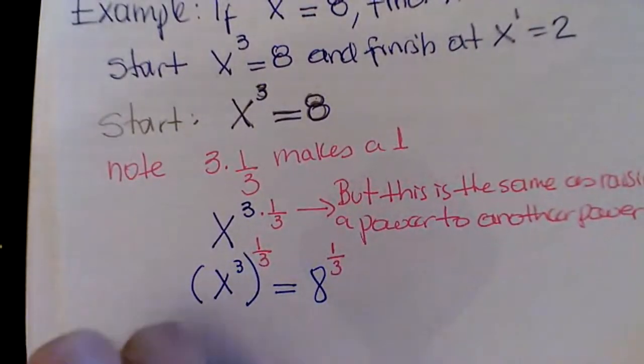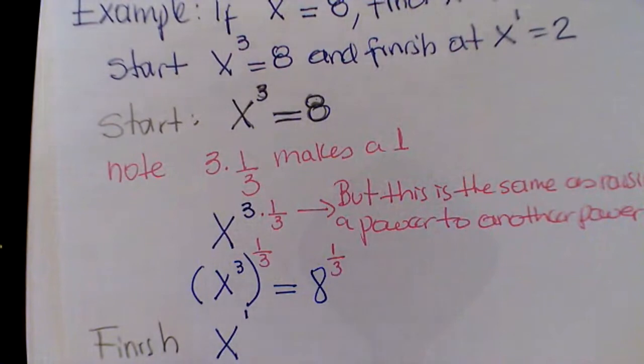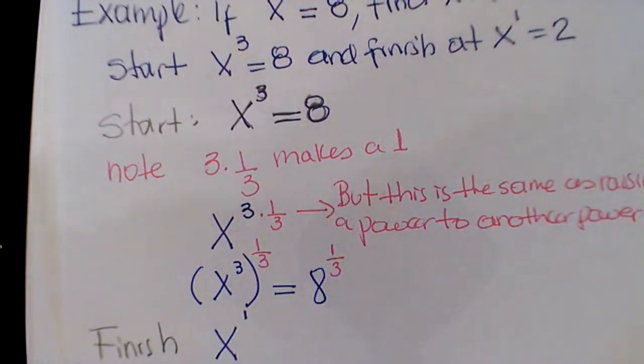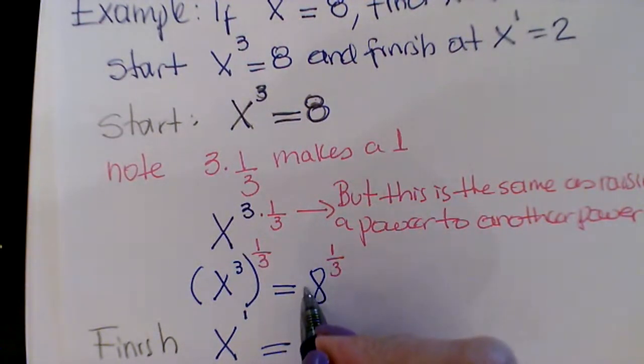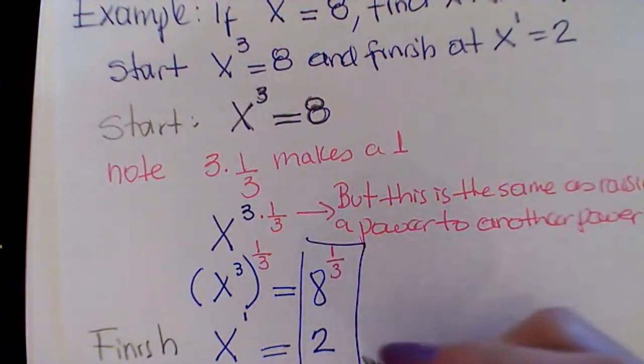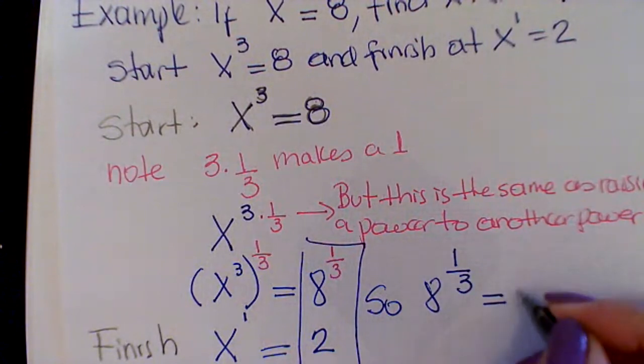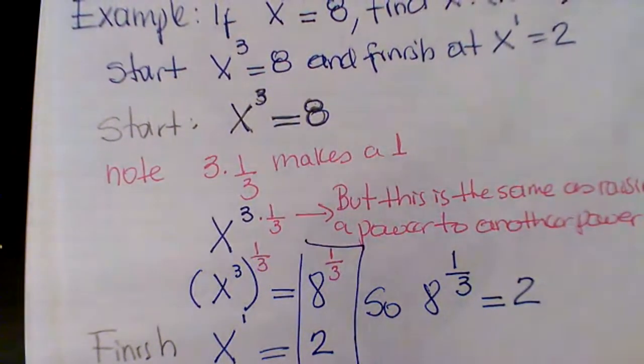And we're going to finish right here. What is this? x to the 1 power. And what do we get on this side? But this is 2, right? So if we look at this part, 8 to 1/3 is the same as what? As 2.